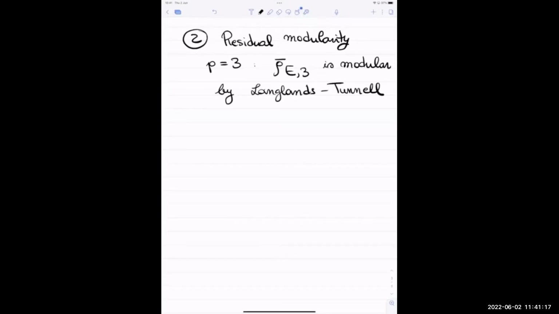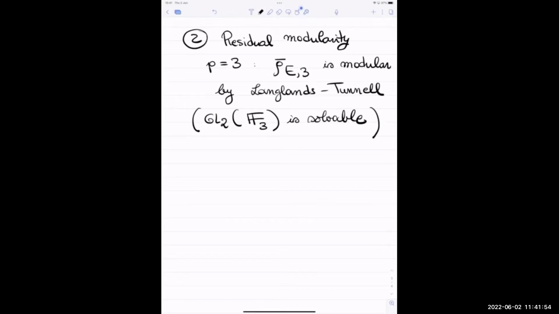This is because this representation is going to be valued in GL2(F_3), which is solvable and also admits a faithful two-dimensional representation over the complex numbers. Such a solvable representation is known to be modular by known cases of the Artin conjecture.